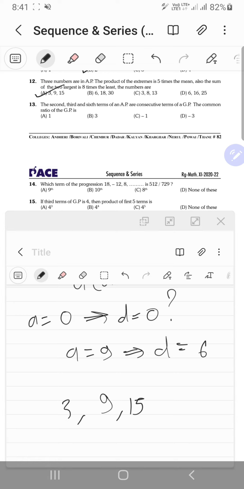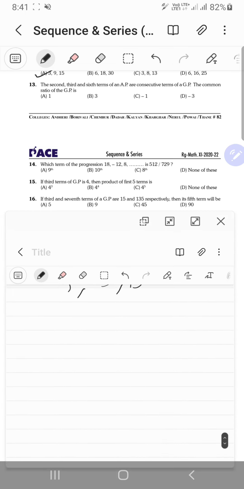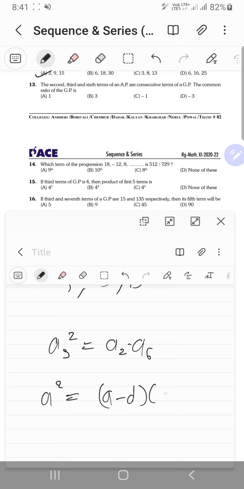Next question. The second, third and sixth terms of an AP are consecutive terms of a GP. Okay, so second, third and sixth. The common ratio of the GP is, some way to do this easily. Let's just call this a3 as a, so a squared equal to a2, which will be a minus d, times a6, which will be a plus 3d.